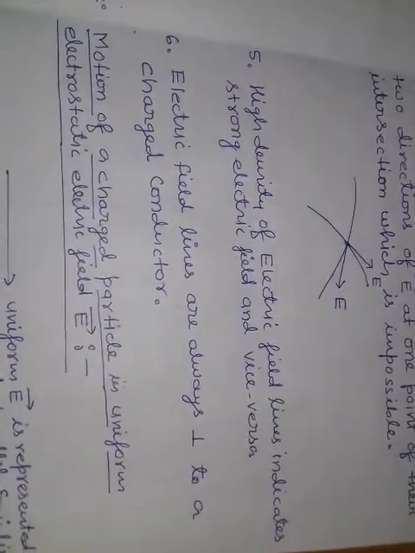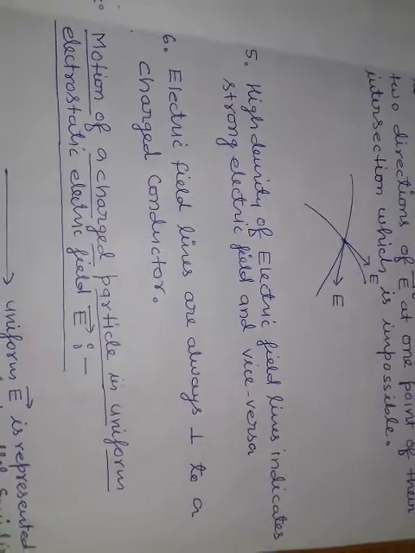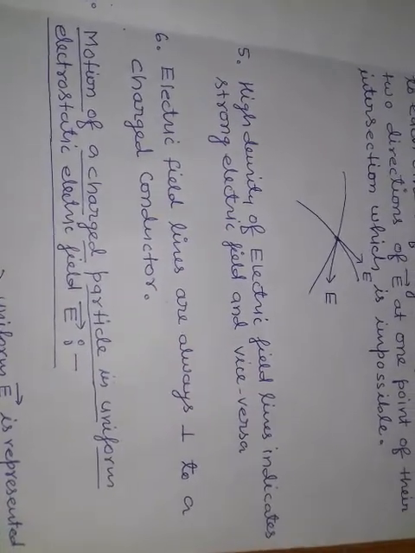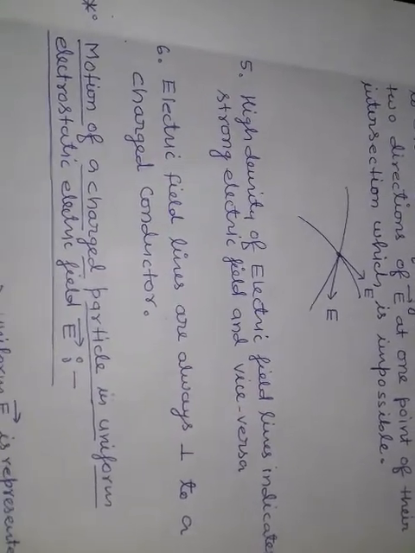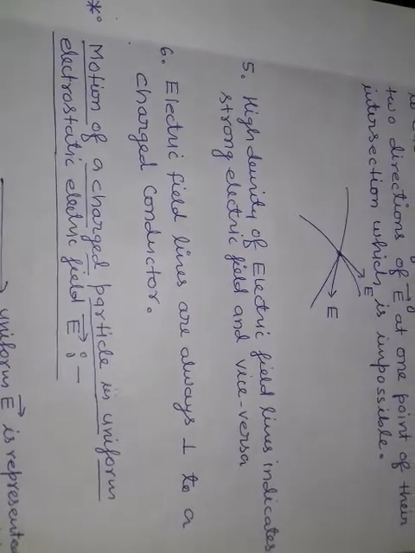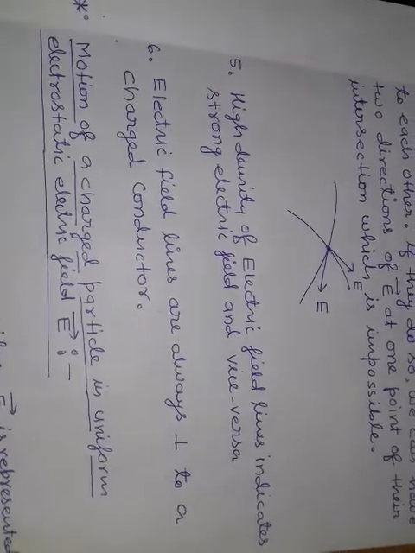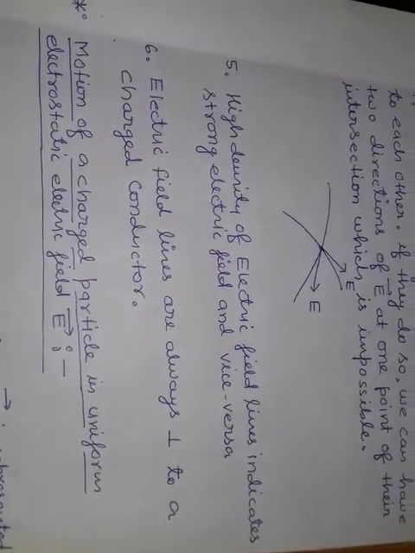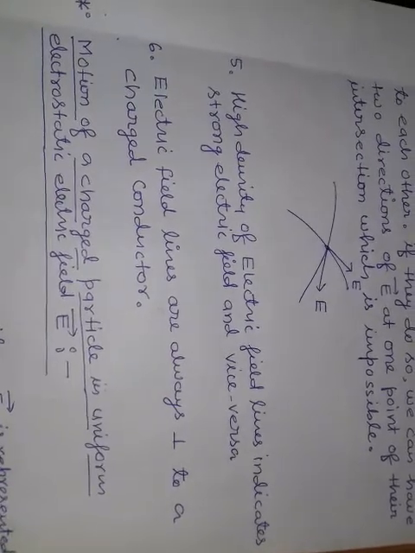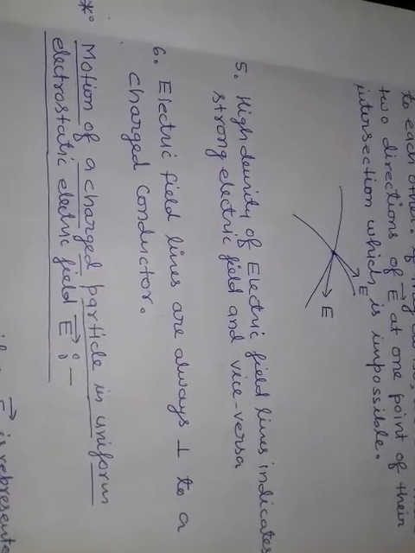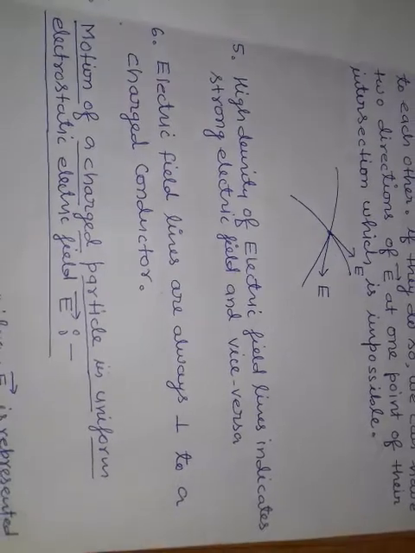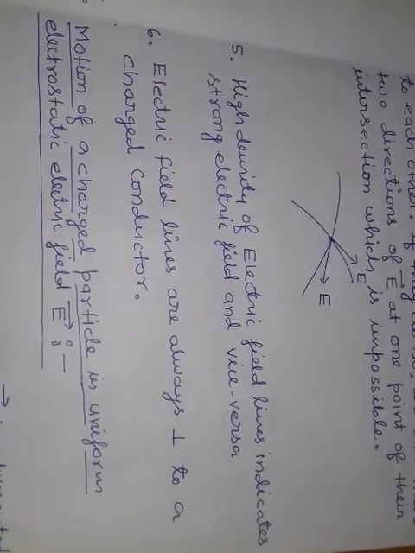Next, fifth property: high density of electric field lines indicates strong electric field and vice versa. It means if electric field lines are closer, they represent a strong electric field, and if they are far away, they represent a weak electric field.